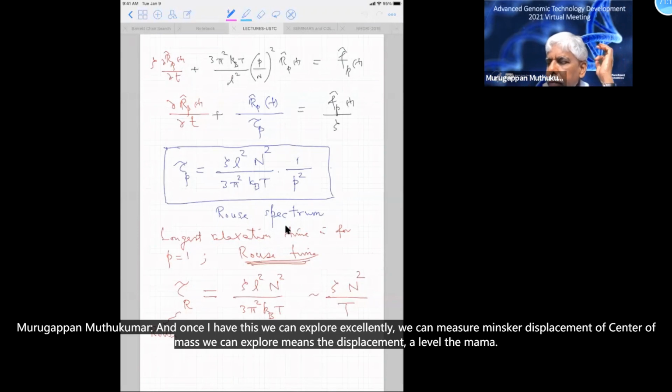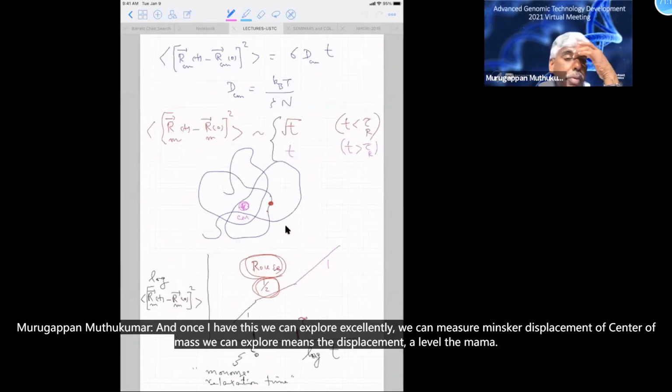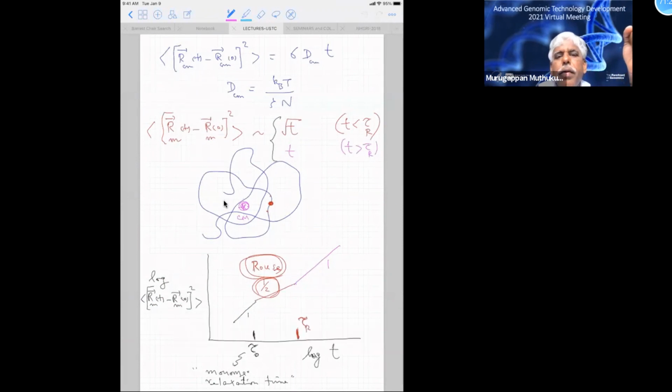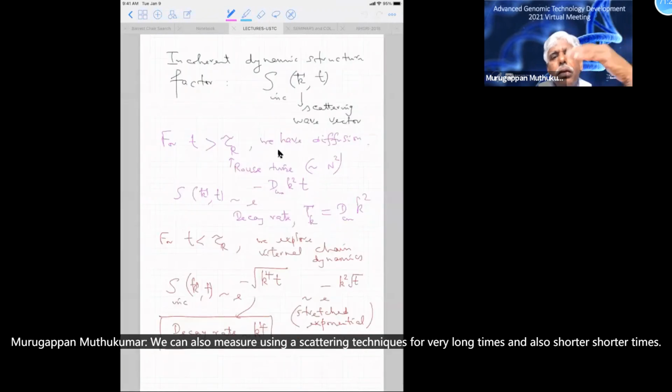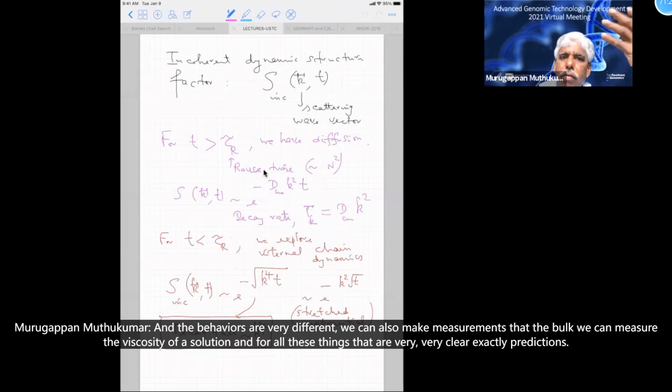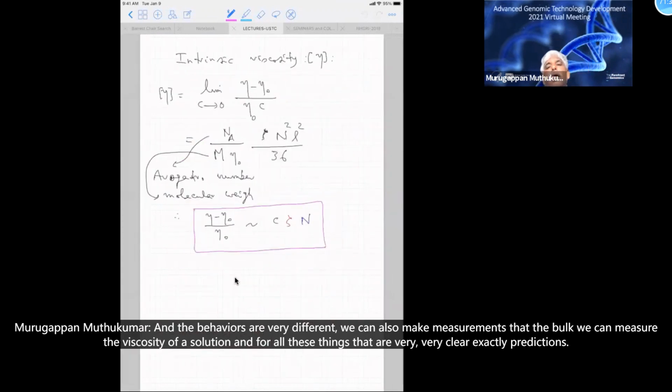Once I have this, we can measure mean square displacement of the center of mass and of a labeled monomer. We can also measure using scattering techniques for very long and shorter times, and the behaviors are very different. We can also make measurements of the bulk, such as the viscosity of a solution. For all these things, there are very clear, exact predictions.